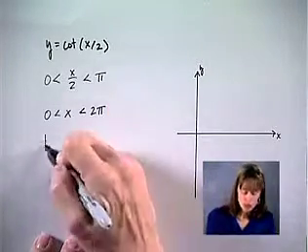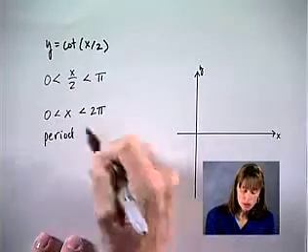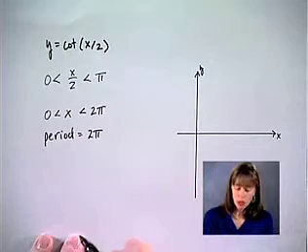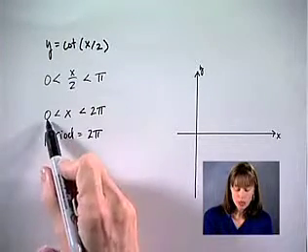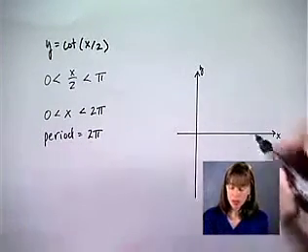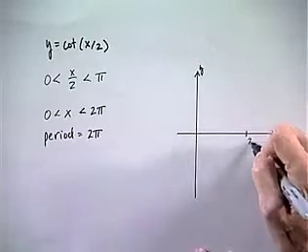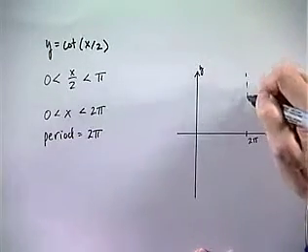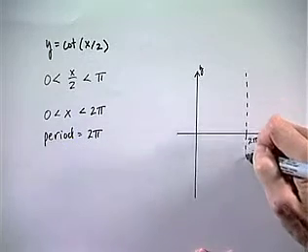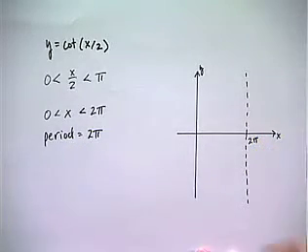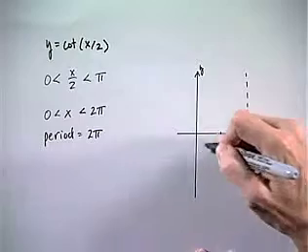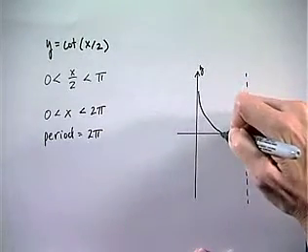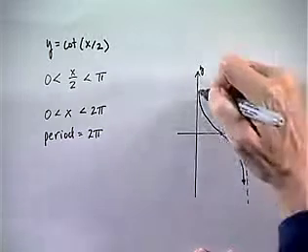What this tells me is the period of this particular cotangent is 2 pi. The asymptotes will be at 0 and 2 pi. So let me label 2 pi here. Remember, 0 is the y-axis. And draw a vertical asymptote. And between these two vertical asymptotes, sketch a graph that looks like the cotangent function.